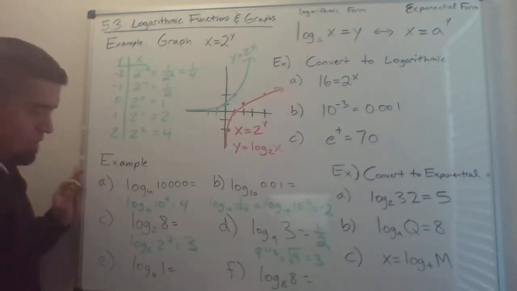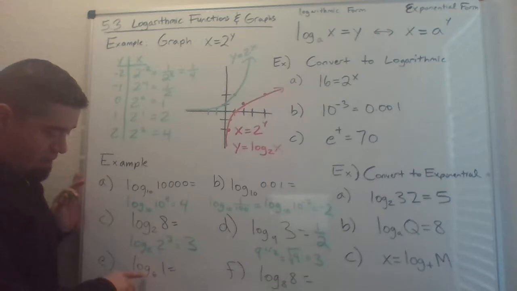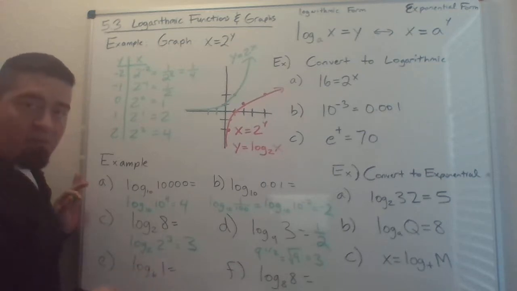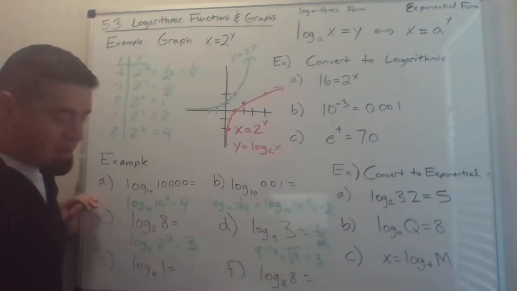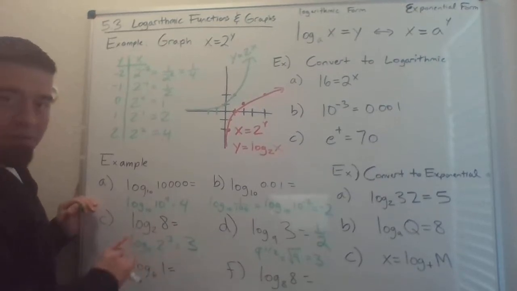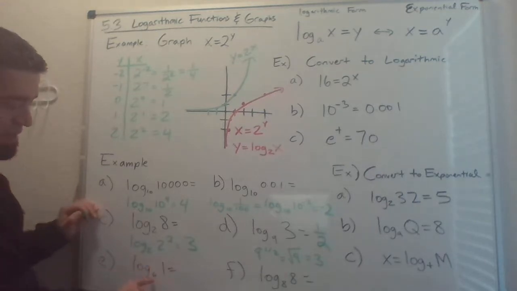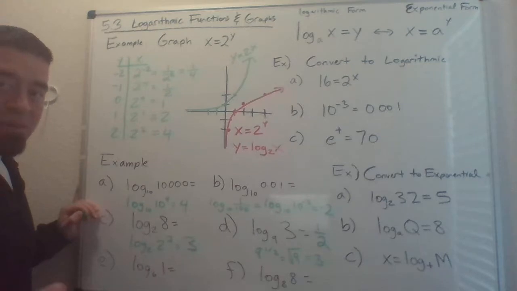Okay. So here's another one that might come up: log base 6 of 1. Well, now we have to think, what power of 6 will give us 1? These may be a little tough at first, but anytime you see log base whatever of 1, there's only one exponent that'll give us 1.